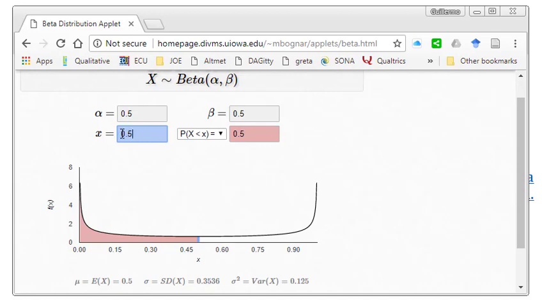If we use 0.5, it tells us the probability of obtaining values lower than 0.5. Well, the probability is 0.5 because it's symmetric. It's symmetric because we have the same values here. It wouldn't be symmetric if the values were not the same.